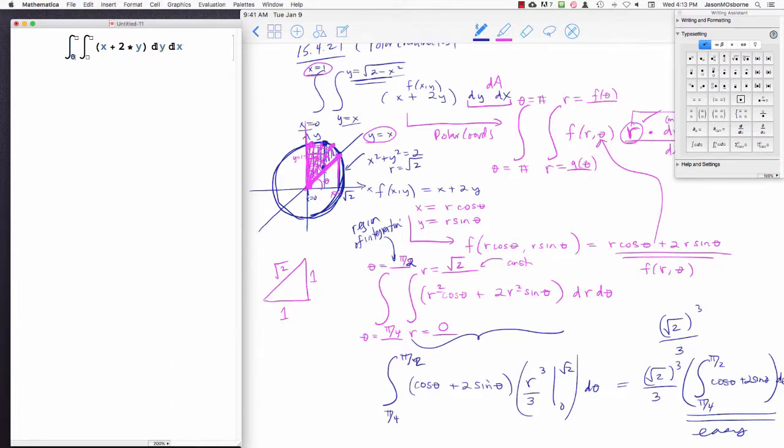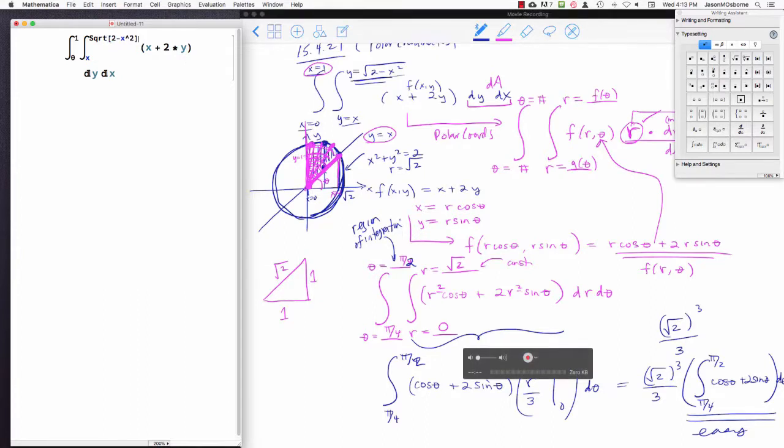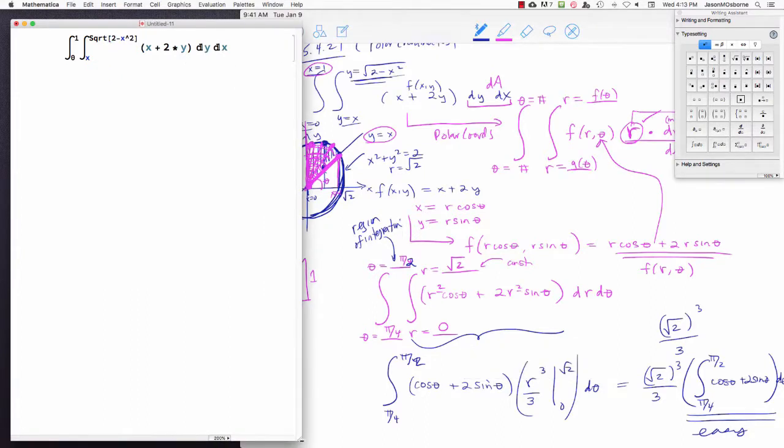X goes from 0 up to 1, and y went from x up to the square root, which was the circle, of 2 minus x squared. That's your integral in terms of x's and y's.